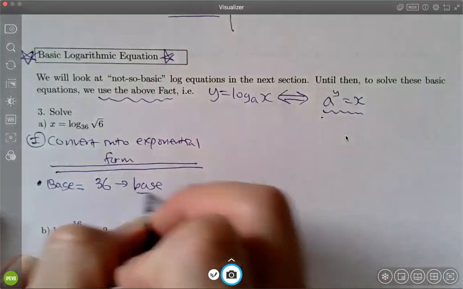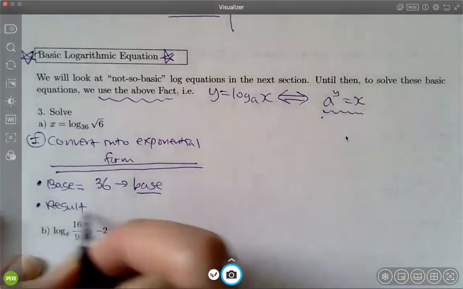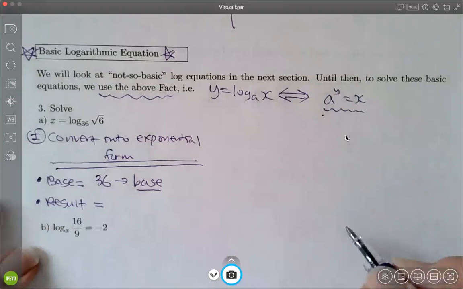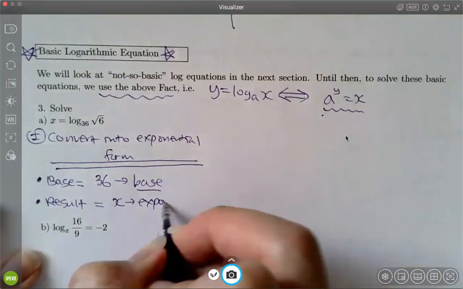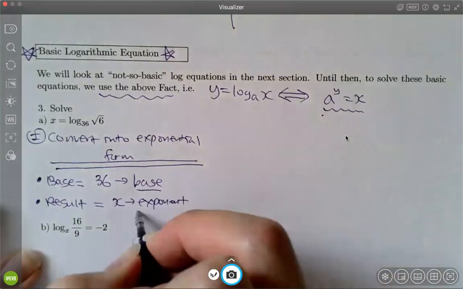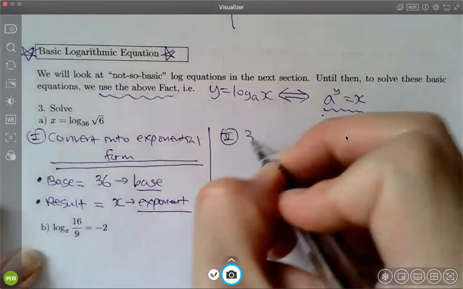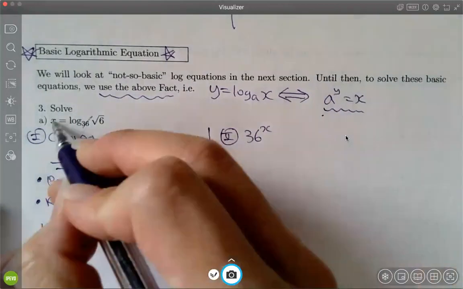And now, what is the result of the log? X, right? And that becomes the exponent. So what does that mean? We have 36 to the power x. And we took care of that. So what's the remaining thing?